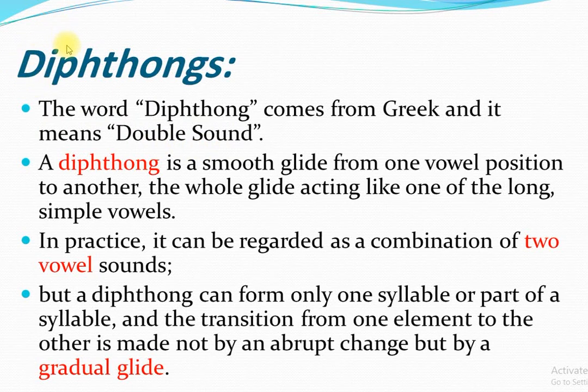Di means two. We have two sounds. A diphthong is a smooth glide from one vowel position to another. I think we have already mentioned that there is a transition from one vowel to another, but this transition is gradual. It doesn't happen abruptly. It happens smoothly, as if sliding from the first sound to the second without any break.